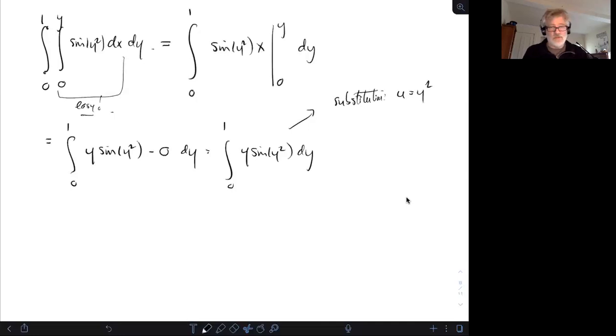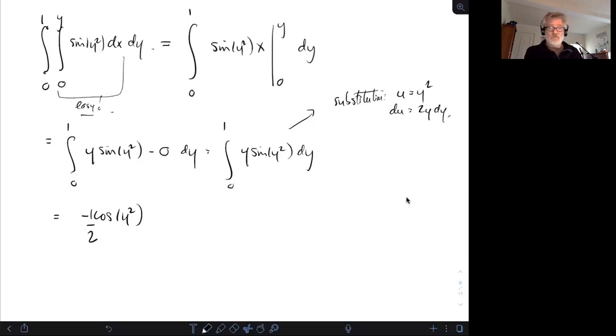You can use, let's say, u equals y squared. The du is 2y dy. Divide by 2, I'll just do it directly, right? So derivative of cos is minus sine, so I need a minus cos. And there must be a half factor here so that everything turns out okay. If you differentiate this function, derivative of cos is minus sine, the minus signs cancel out.